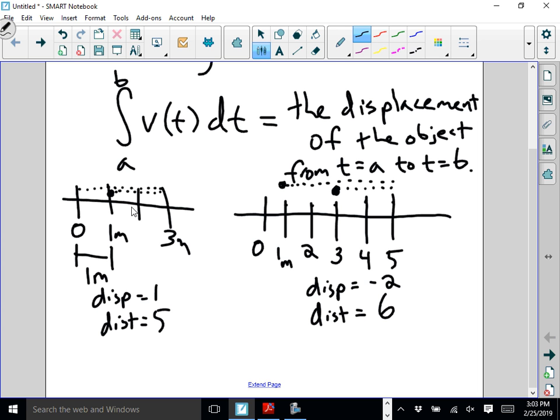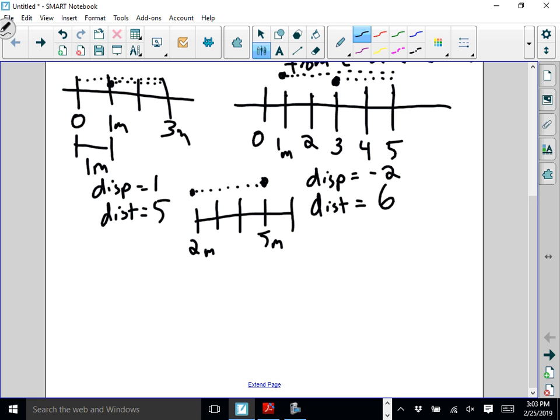If we want total distance traveled, sorry, let me give you one more example. So you start at 2 meters, and you walk, and you finish at 3, 4, 5 meters. Your displacement, right? You displaced a total of 3, and your distance was a total of 3.